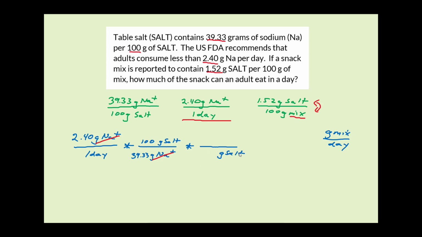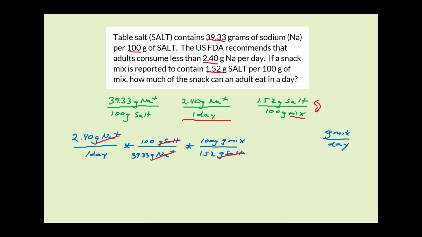We need it in the denominator, and we get grams of mix in the numerator. 100 grams up here, and 1.52 grams of salt there in the denominator. We can see that those two numbers cancel out, and we see that our units are grams of mix per day.